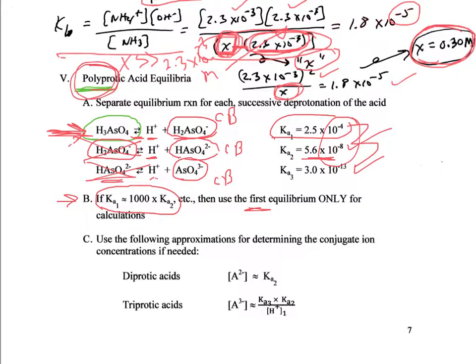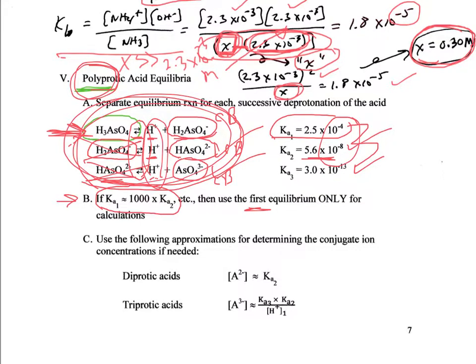This is why this is going to be bonus. You could actually go through and calculate successively what each equilibrium reaction is going to do and figure out the concentrations of all the ions. Remember, these are all equilibrium reactions, so all of those ions are in the solution simultaneously, all at once.